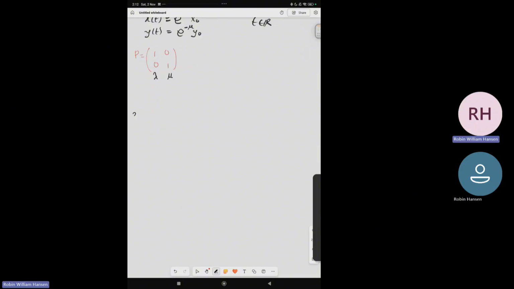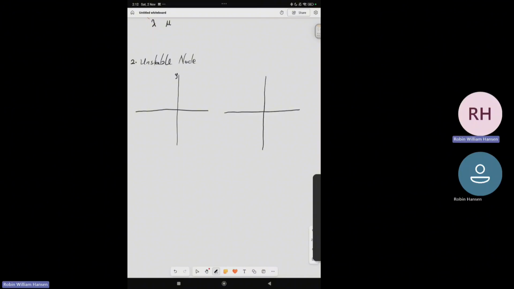So 2. Now, for the unstable node, remember we are still using the generic phase portrait. So we'll have eigenvectors on the coordinate axes. So we have our system in this form.